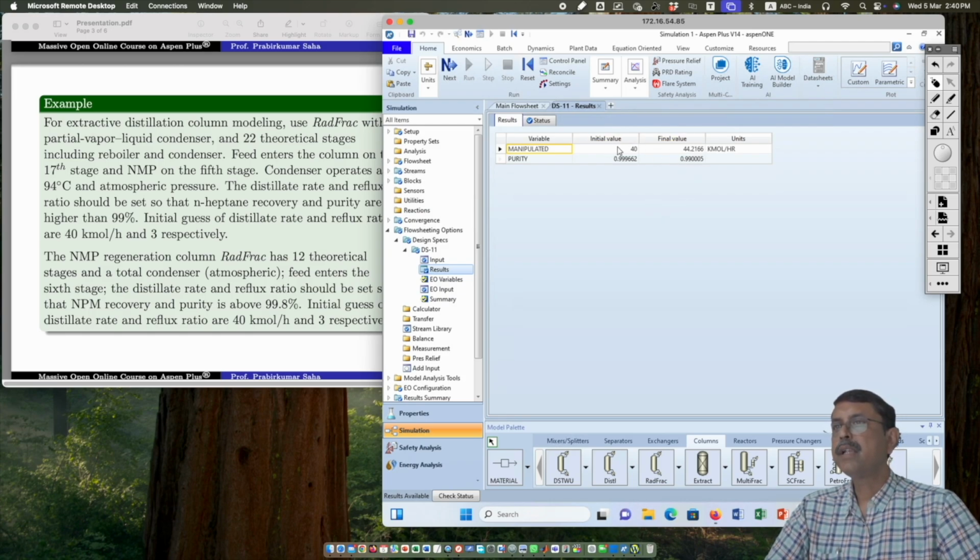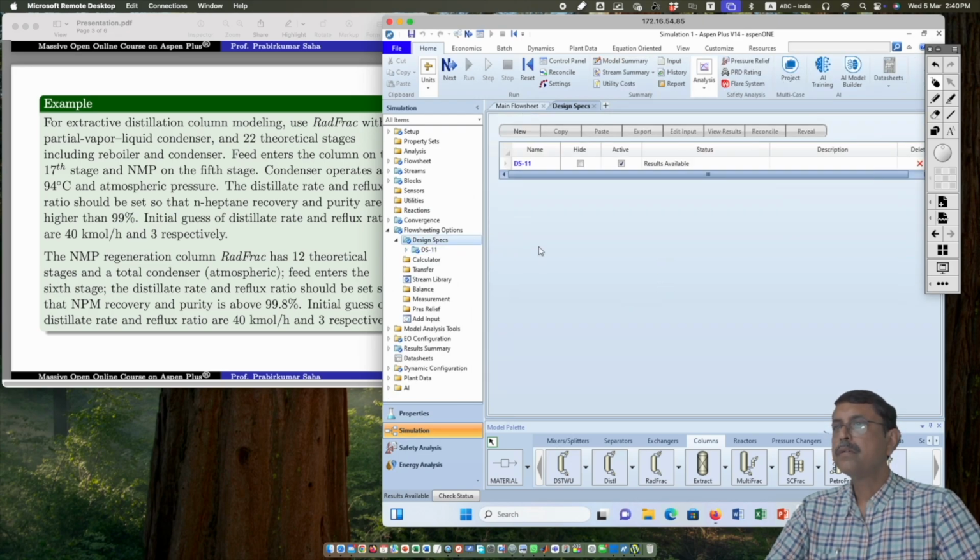Actually with a 40 kilomole per hour distillate rate, we are getting 99.96, which is far more than 99%. But the thing is, we do not need that much purity. 99% is enough for us. So with 44.2166, this is okay with us.